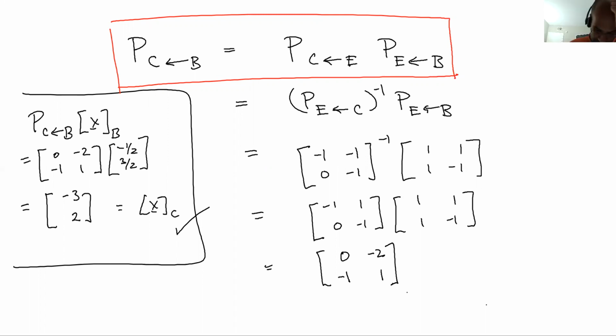Anything else? Is there any particular reason why the arrows go from right to left instead of left to right? Yes, there is a particular reason, which is that you multiply by vectors on the right. So if you look at this equation, this feels very nice once you start multiplying by vectors. The key property that this has is that P_{C←B} times x_B, so now these B's line up, equals x_C.